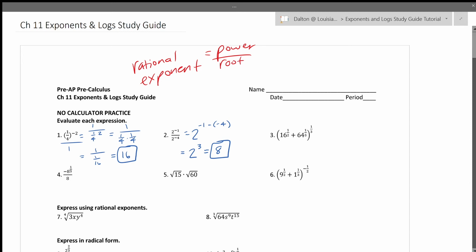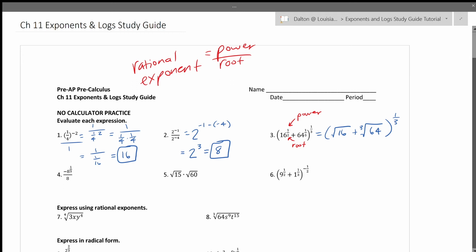So hopefully by now you know something to the 1/2 power is the square root, because 1 is the power and 2 is the root. So instead of 16 to the 1/2 power, you can rewrite that as the square root of 16 to the first power, but again, you don't have to write 1. And similarly with 1/3, power over root, that's going to be the cubed root of 64, all raised to the 1/3 power.